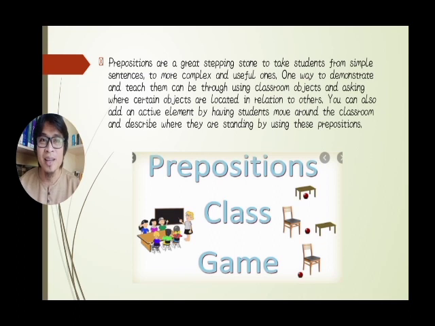You can also add an active element by having students move around the classroom and describe where they are standing by using these prepositions. Meaning, it's going to be a move, roaming all around the corners of the classroom. It's fun. It's an amazing classroom environment when we also use play, game. Okay.